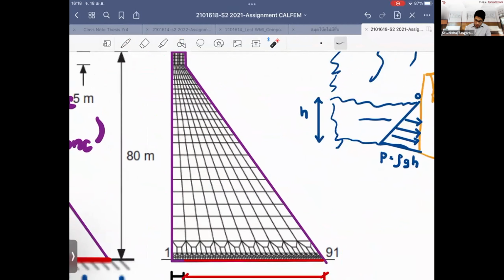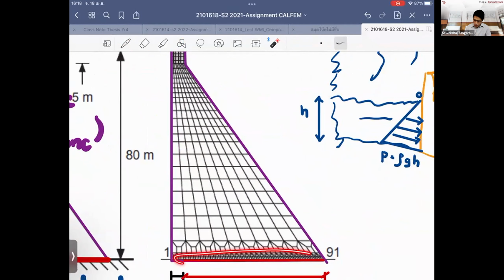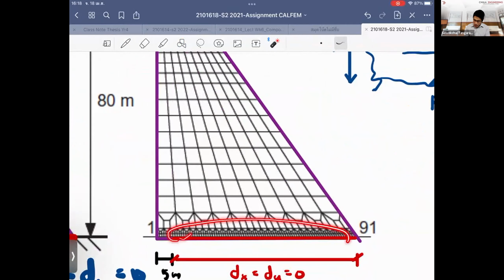But if you're doing this, the critical thing is that when we want to investigate the problem, at the location where we have a high value of stress, which in most cases is at the support, we need to have more mesh to capture the value of the stress.